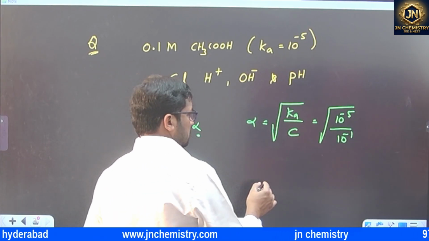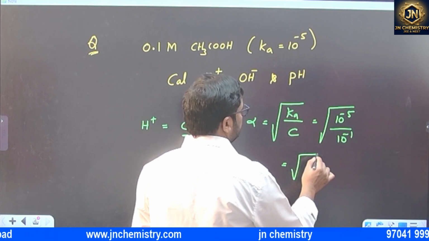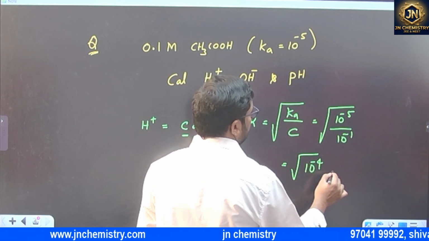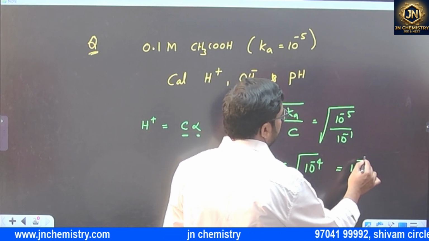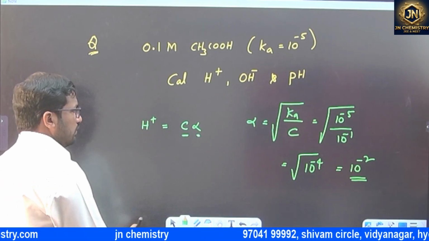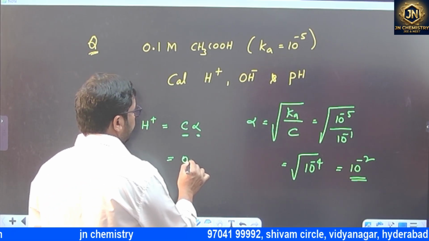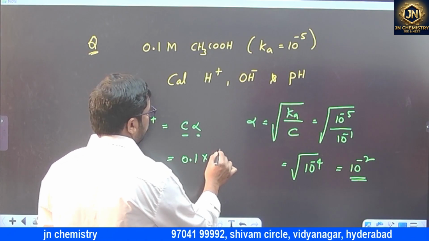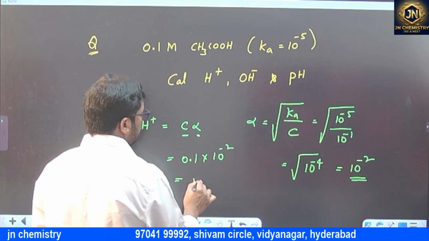So under root 10 to the power of -4, which is 10 to the power of -2. So alpha value is 10 to the power of -2, and with concentration 0.1, C alpha is nothing but 10 to the power of -3.